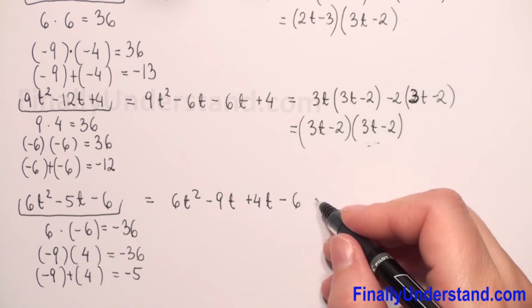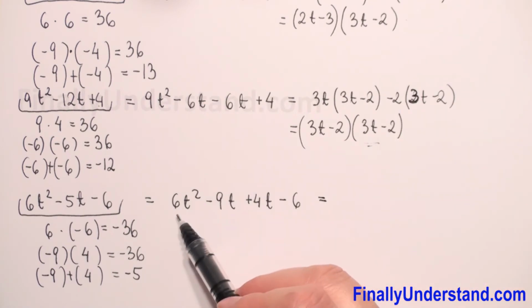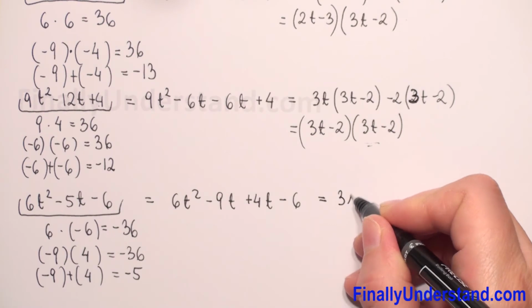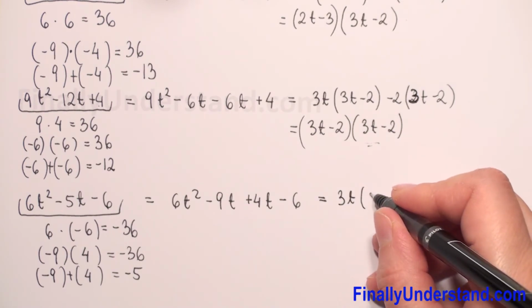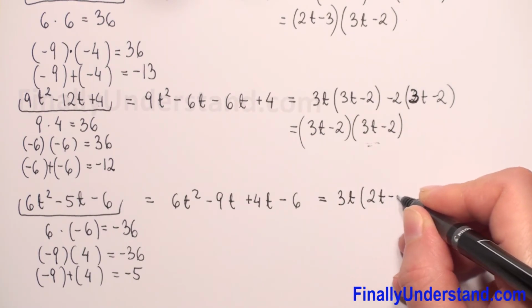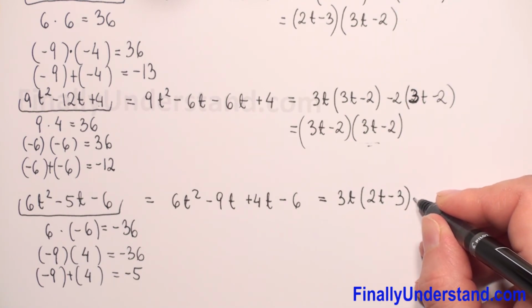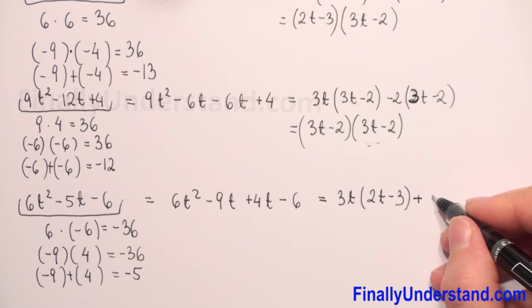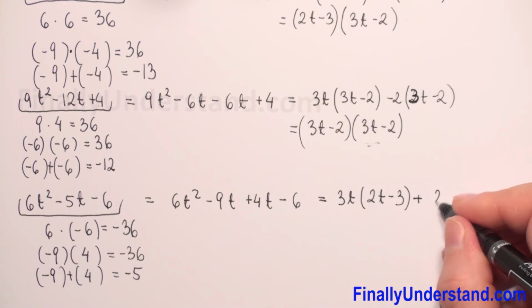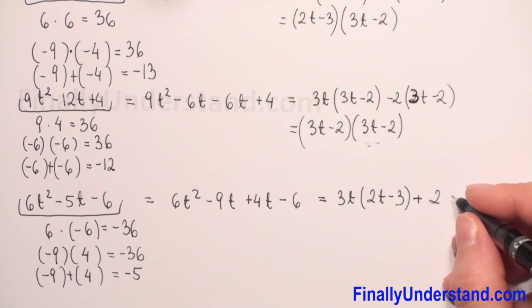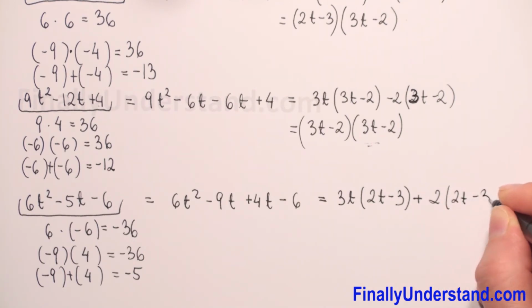We still have the same expression, but now we can factorize from the first two terms, 3t, and in parentheses will be 2t minus 3, and will be plus, and now we will factorize 2. The greatest common factor for 4t and negative 6 will be 2. So in parentheses we will have 2t minus 3.